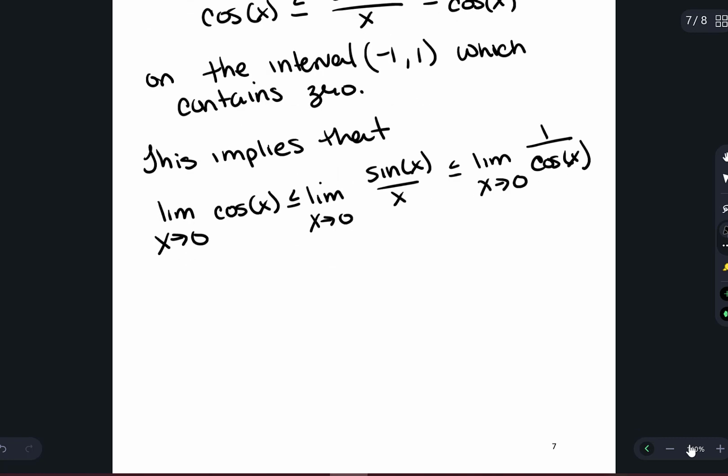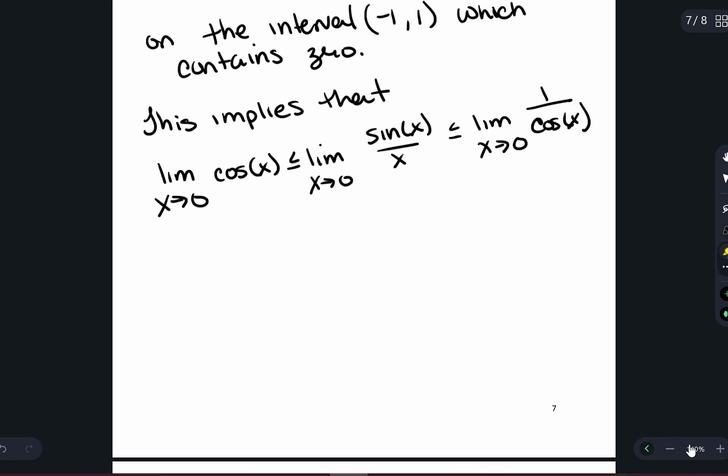So just like the previous example, what I'm going to focus on is the limit of the cosine of x and the limit as x approaches 0 of 1 over the cosine of x.